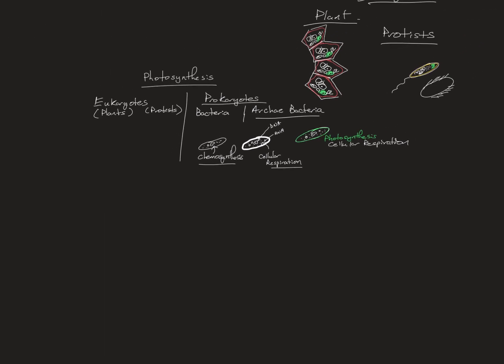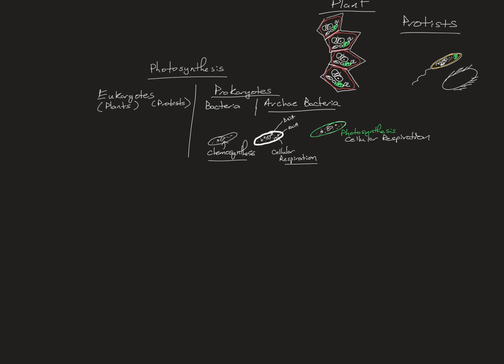All right, so in eukaryotes, when we're talking about photosynthesis, we're talking about an organelle called a chloroplast. Chloroplasts have two membranes, not one like the other eukaryotes do.